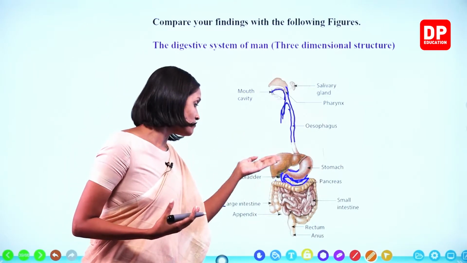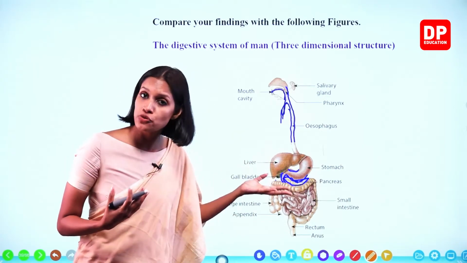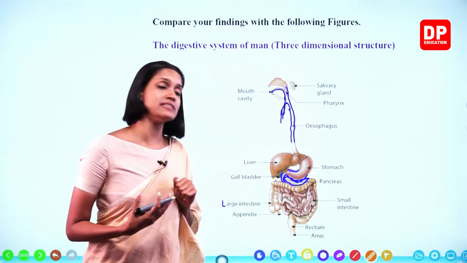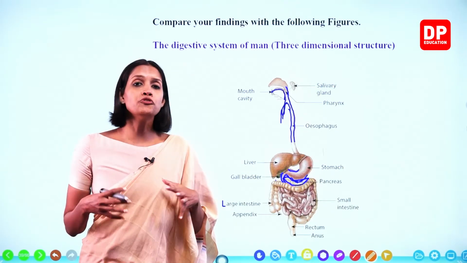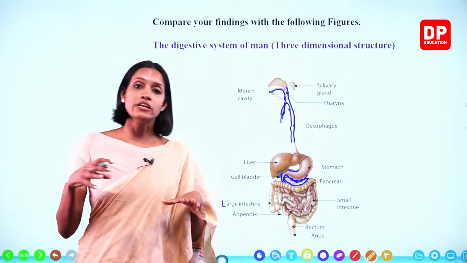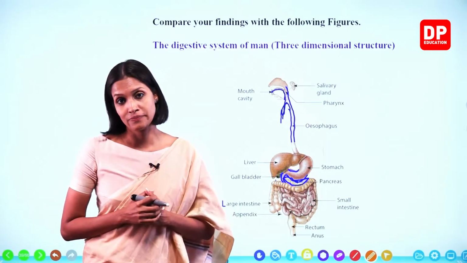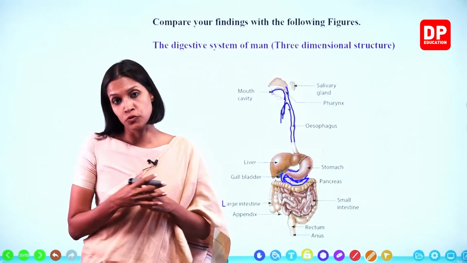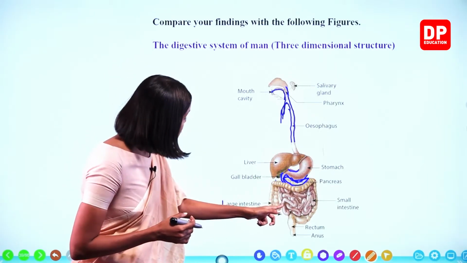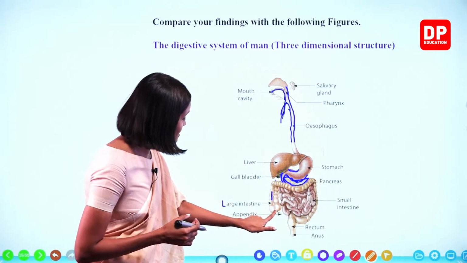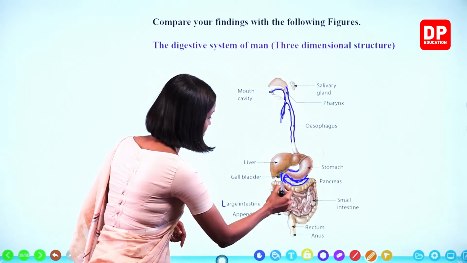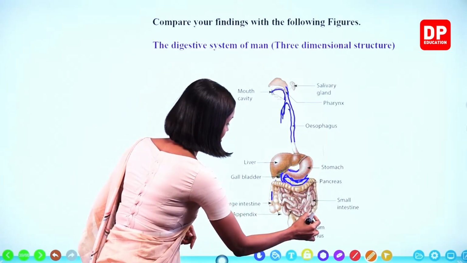By this time, what happens, children? The food is in a semi-solid form, which means solid and liquid mixed with each other in a kind of watery form.